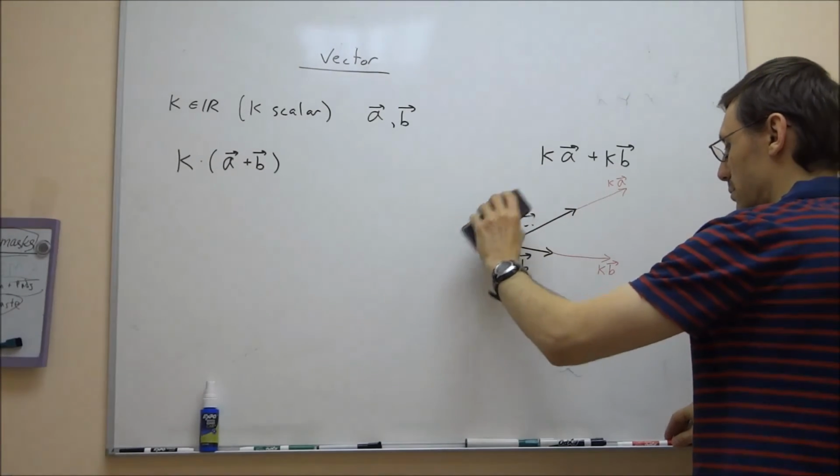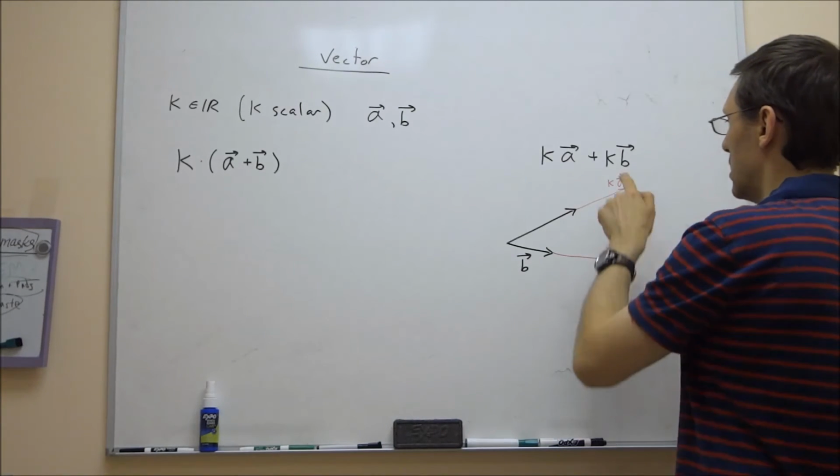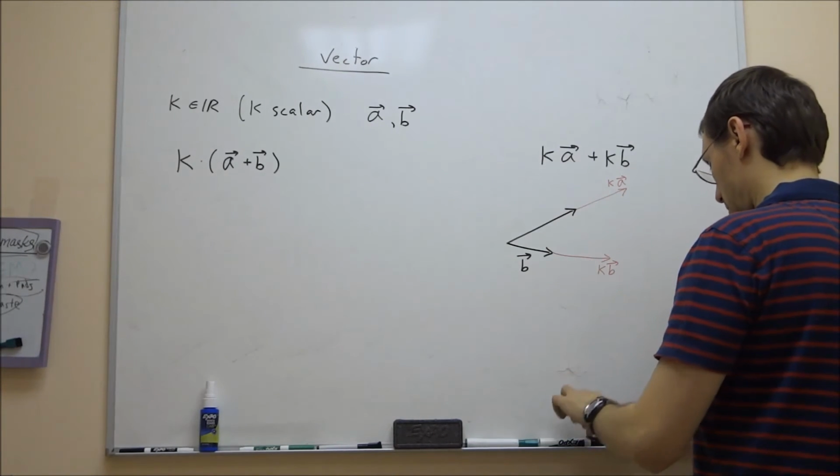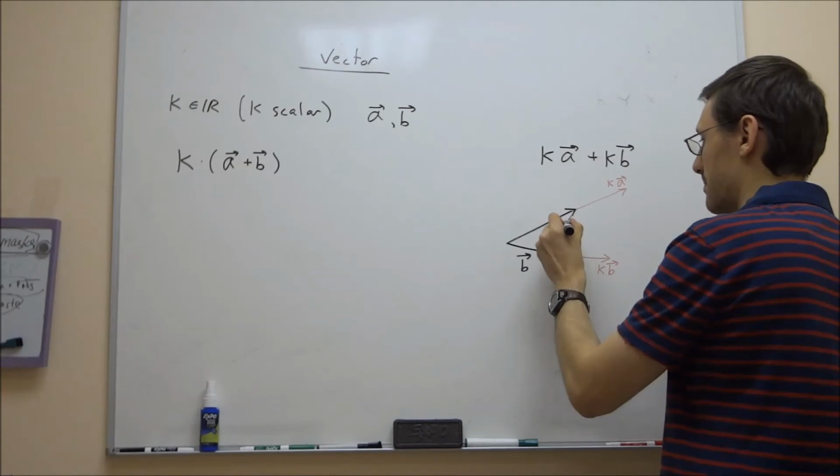So I'm sorry, this would be just so this is the vector A plus B. Maybe the vector A is here.